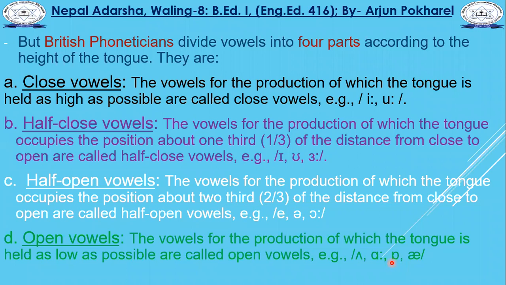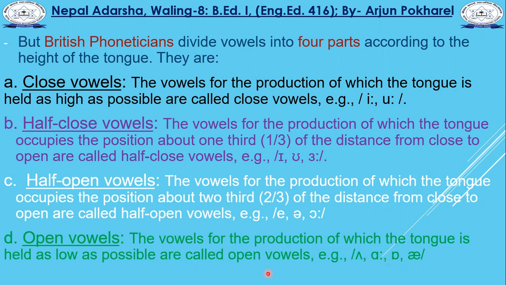British and American pronunciations describe these four vowels in the same way. British pronunciation puts the term open vowels, but American pronunciation puts the term low vowels for these vowels.